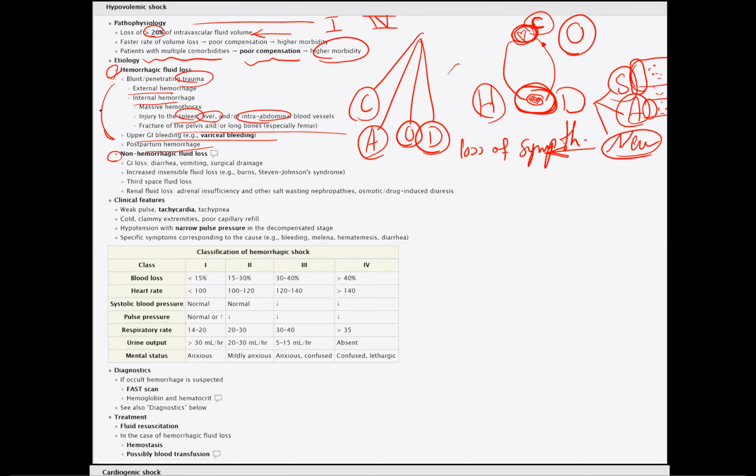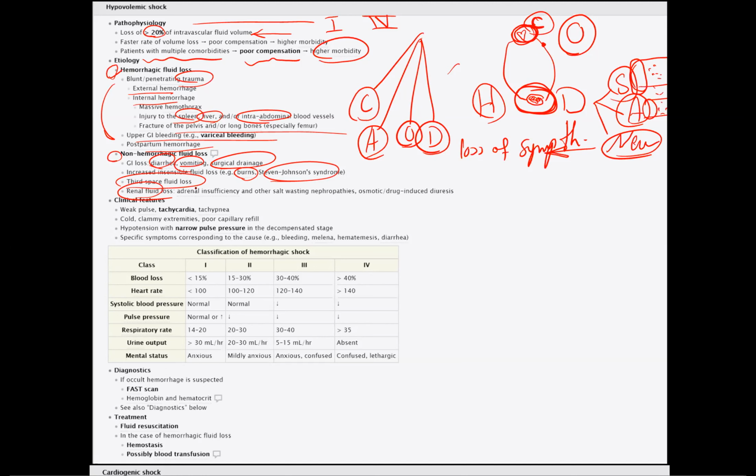We have also non-hemorrhagic loss like diarrhea, vomiting, surgical drainage systems, and burns, Stevens-Johnson syndrome, increased insensible fluid loss. So maybe blood, maybe fluids. We have also third space loss and renal fluid loss.